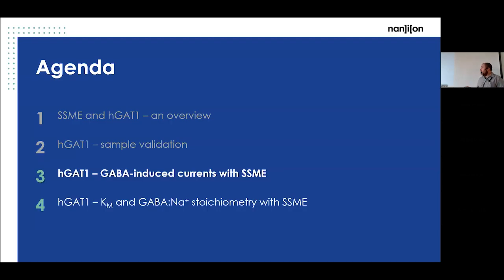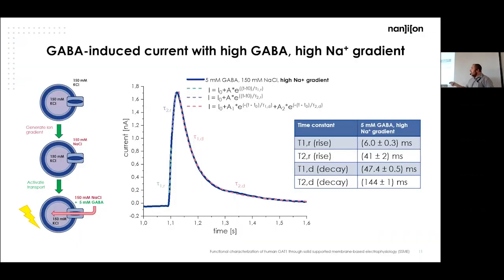Okay, so now the tricky part. I wanted to really dissect the currents that I could see in SSME. So here again, this is the same current we saw before, so basically high sodium gradient and then oversaturating GABA perfused. I wanted to have a close look at the current, and what I could see is two different rising phases.